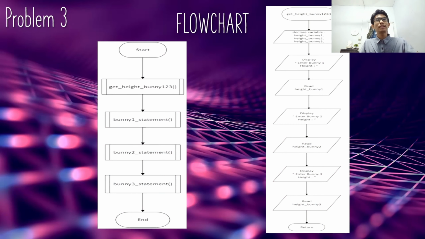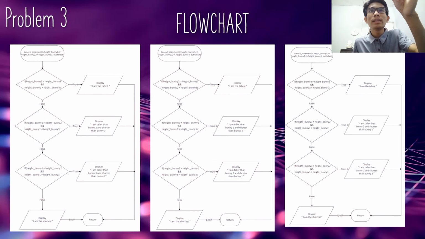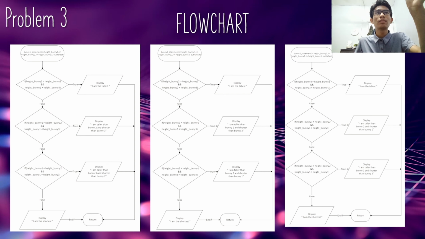So next, for the flowcharts, you can see here from the start, we go to get height bunny 1, 2, 3, bunny 1 statement, bunny 2 statement, bunny 3 statement, and same with get height bunny 1, 2, 3, and for the bunny statement, if height bunny 1 greater than bunny 2 and height bunny 1 greater than bunny 3, if true, then the program will display I am the tallest.